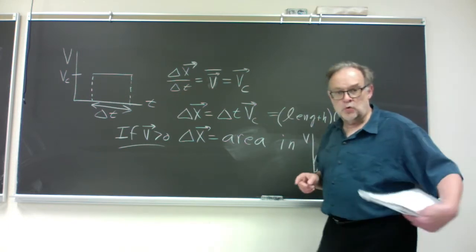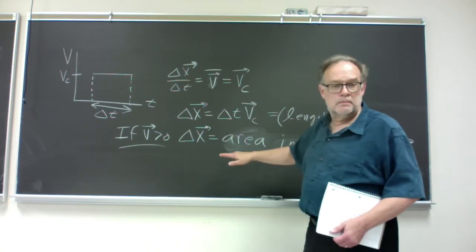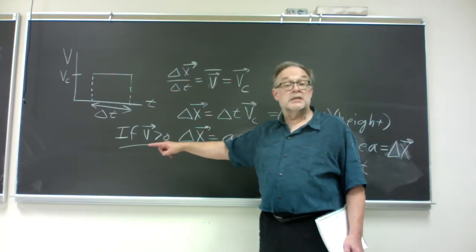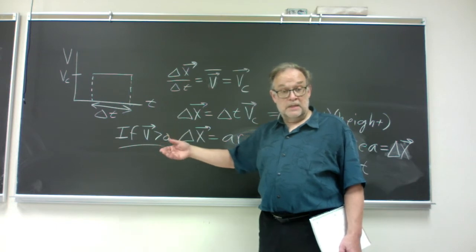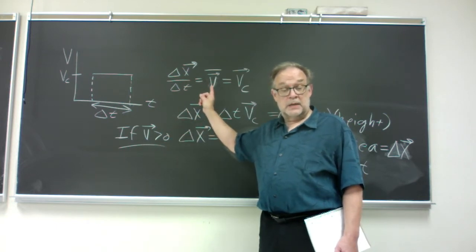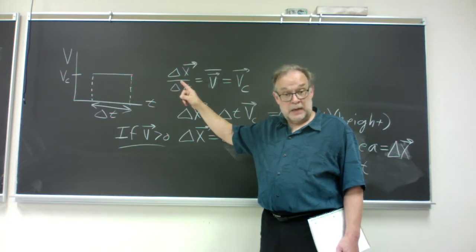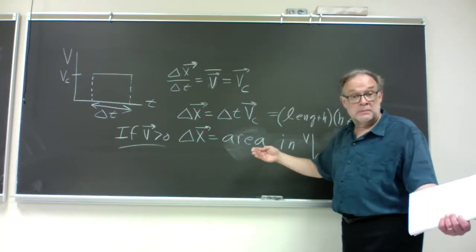One qualification here that one needs to remember: all this is true, displacement equals the area, if the velocity is positive. And we know that if velocity is positive, that's because the displacement is positive. And area is always a positive number.